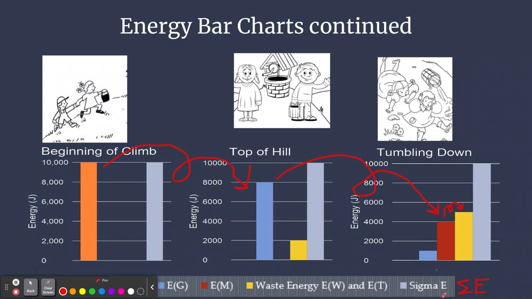So, yeah, just want to make sure we're clear with that. It's the movement energy that transformed into the waste energy. It's the chemical energy that transformed into the waste energy. It's not the potential energy that transformed into waste energy. It was the chemical energy or the movement. So gravity itself isn't becoming sound or thermal energy. Got a little bit sloppy. Hopefully you followed my train of thought there.